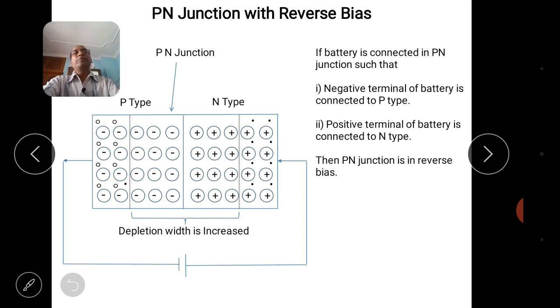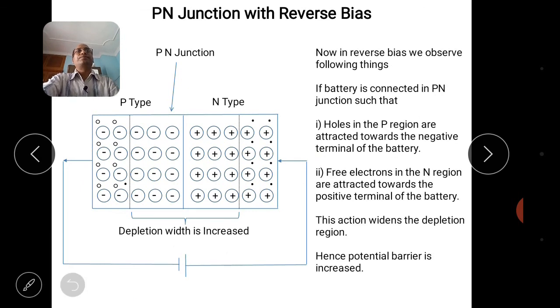Now we will study the p-n junction with reverse bias. If a battery is connected to the p-n junction such that the negative terminal of the battery is connected to p-type and the positive terminal of the battery is connected to n-type, then the p-n junction is said to be in reverse bias condition. Now in reverse bias, we observe the following things.